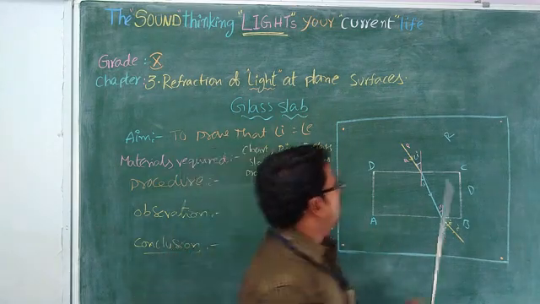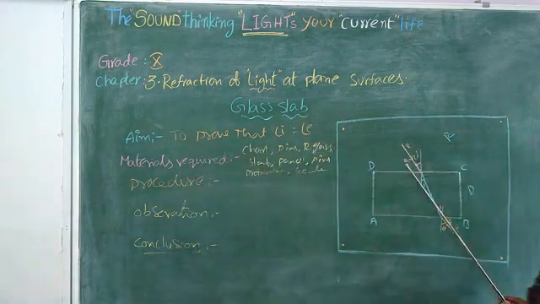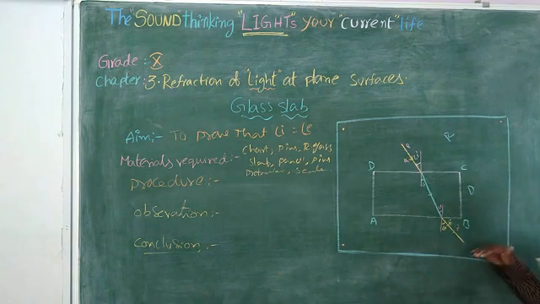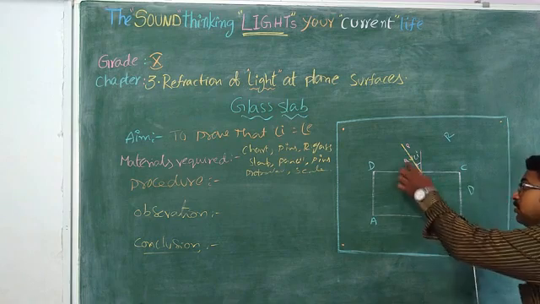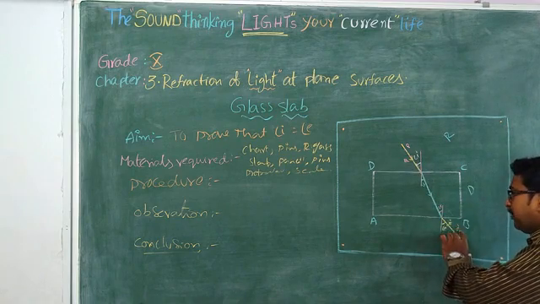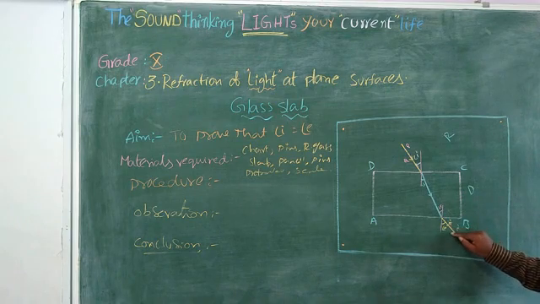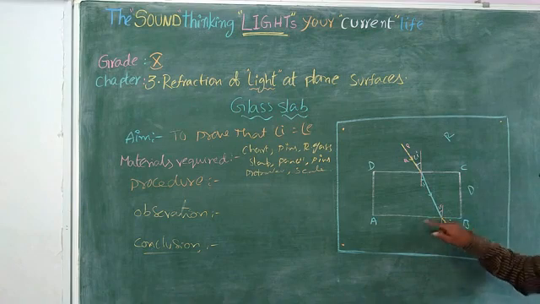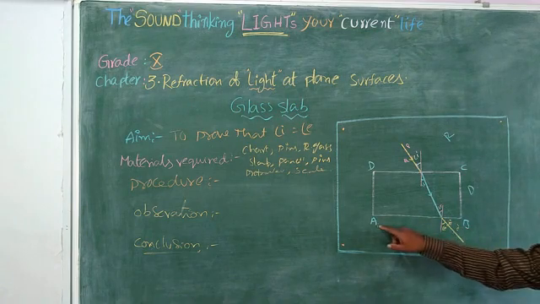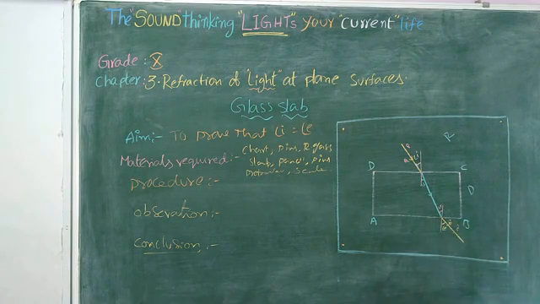Now, observe the images of P and Q from this side of the glass slab. When you observe from this side, P dash is the image of P, Q dash is the image of Q. Two images can be seen. Point out the two images and extend the line. It will touch the line AB at one point.